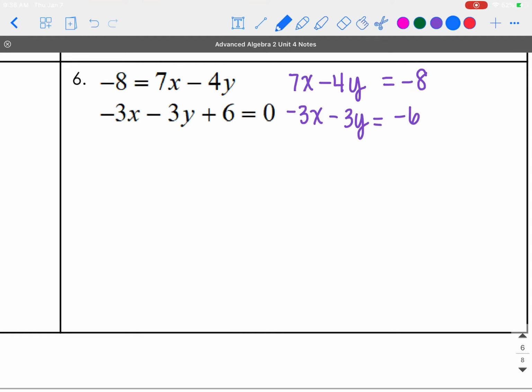Now, on the first one, you may have said, okay, this becomes a negative, this becomes a positive, this becomes a positive. That would have worked too. You would have gotten the same answer. And the solution is 0, 2.